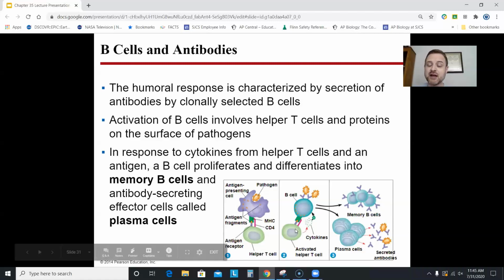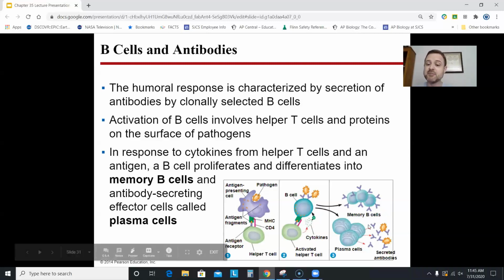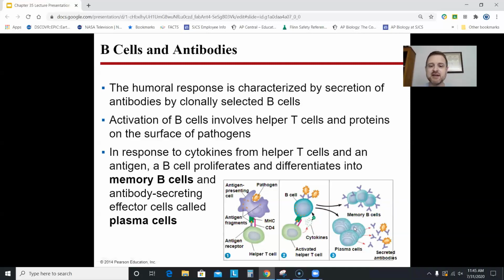The helper T cell produces cytokines, which cause that B cell to go through clonal selection, and it forms two kinds of B cells: memory B cells, which will be used if that same antigen comes back again in a later infection, and then plasma cells, which give off the antigen receptors, which at this point we call antibodies, and the antibodies will then bind to the pathogen and take care of it.